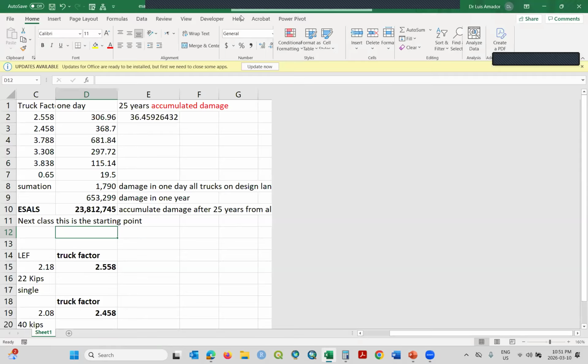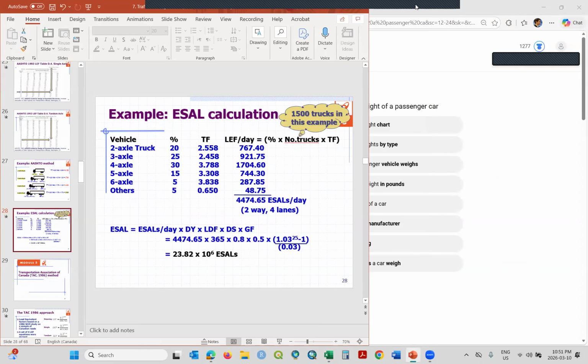Sir, go ahead. I just had a question. What does the damage represent? Like, there's 26 million damage on the lane. What does that mean? It's just a unit of damage that is standardized. And at the end, there's no physical representation.